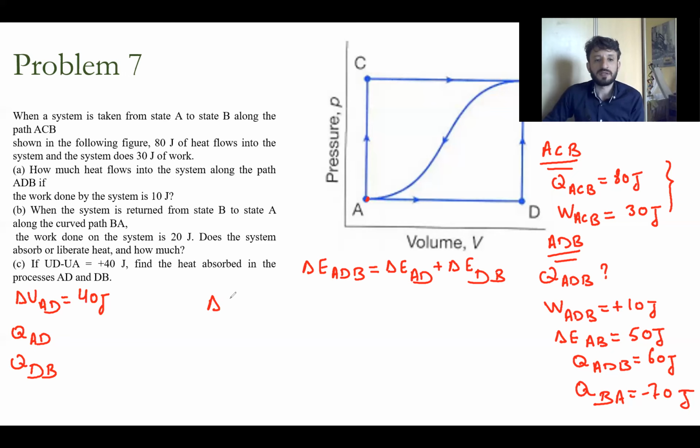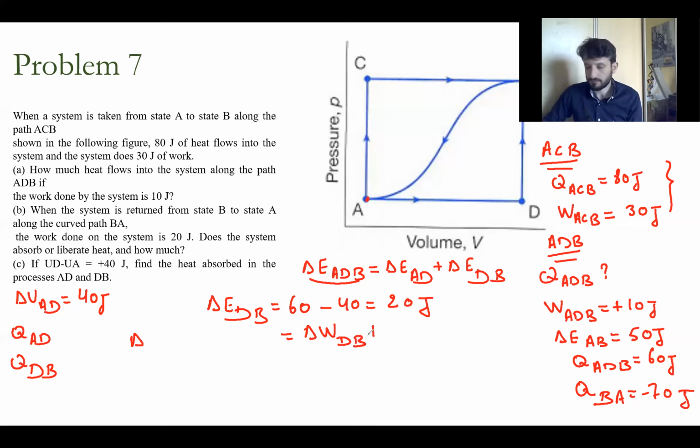So delta E DB equals delta E ADB minus delta E AD, which is 60 minus 40, equals 20 joule. Delta E DB equals Q DB minus W DB.